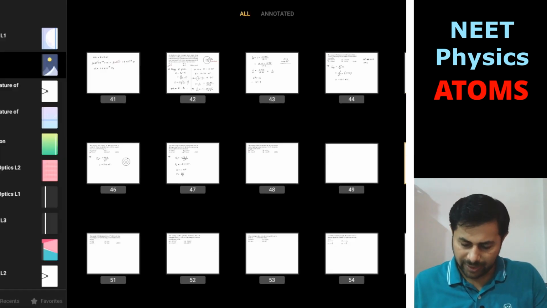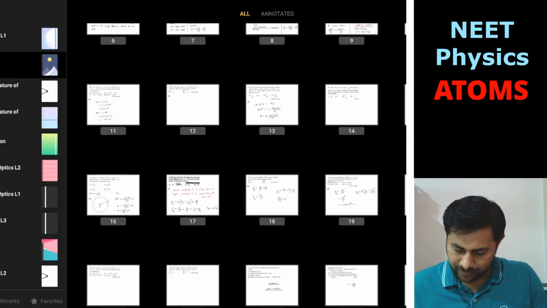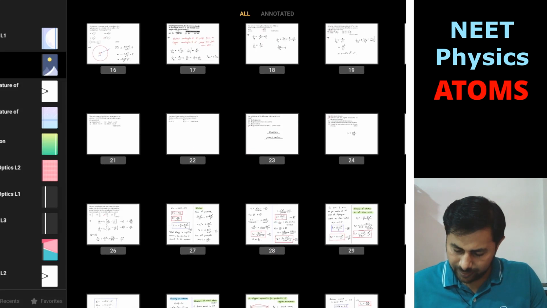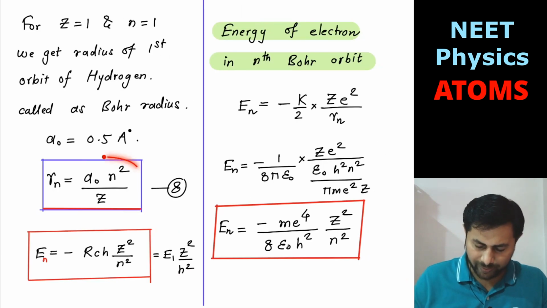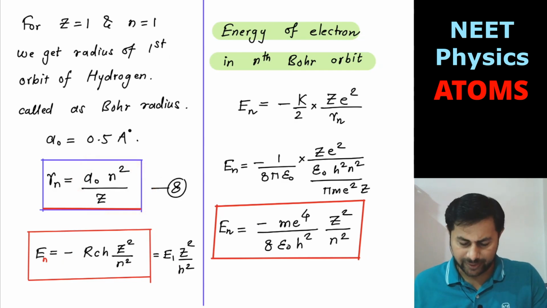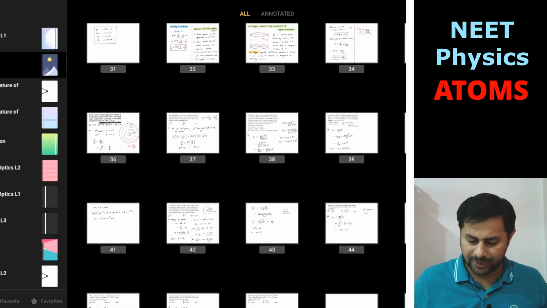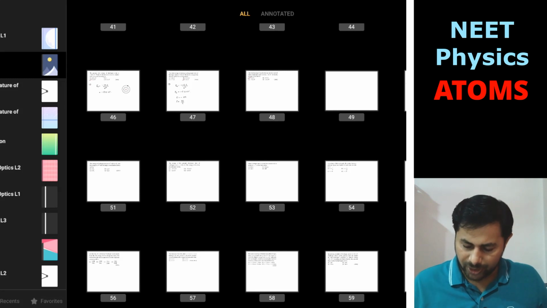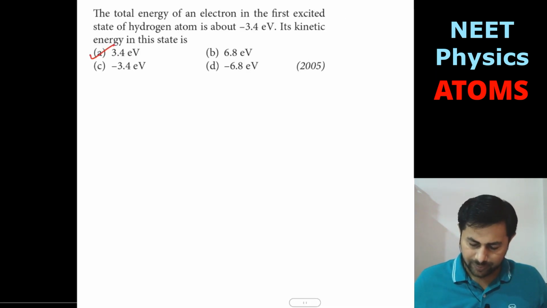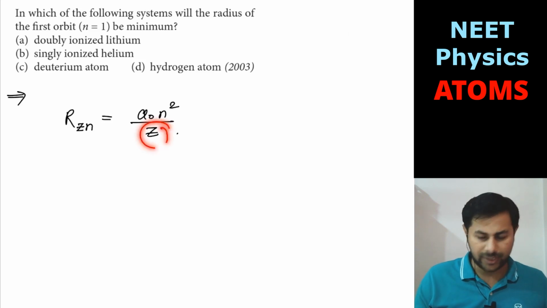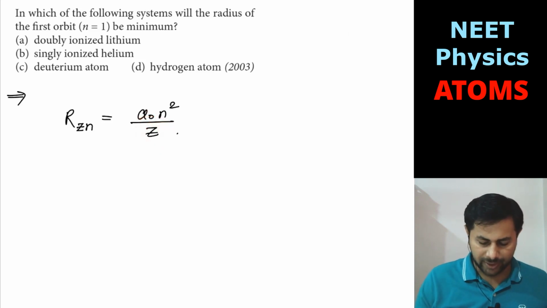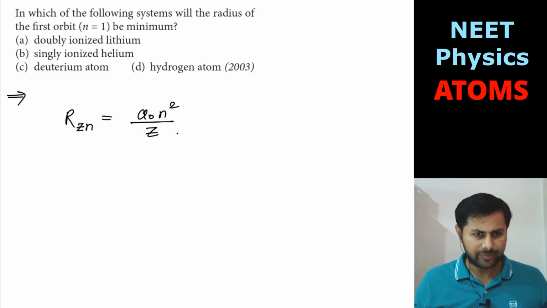With n equal to 1, the radius is just inversely proportional to Z. A naught is a constant, 0.5 angstrom.